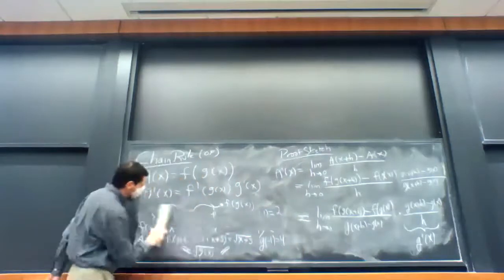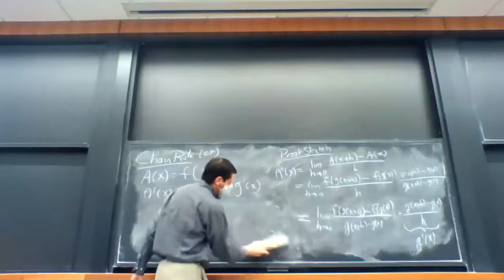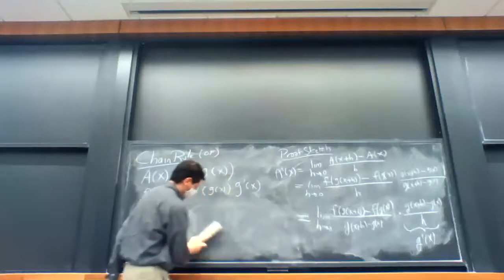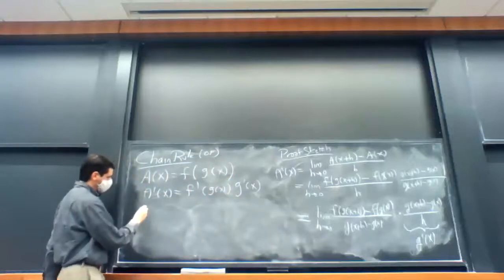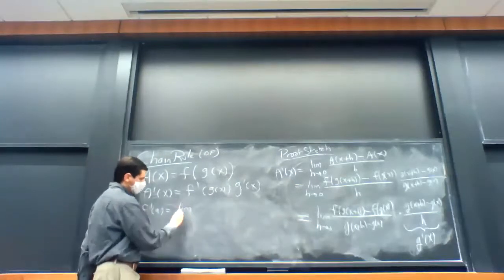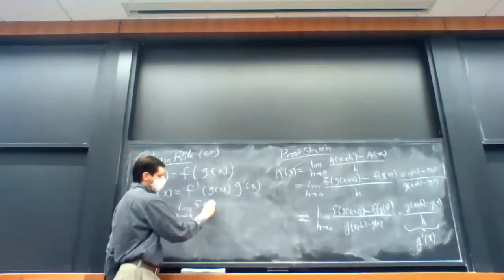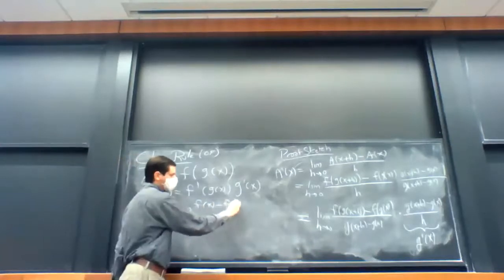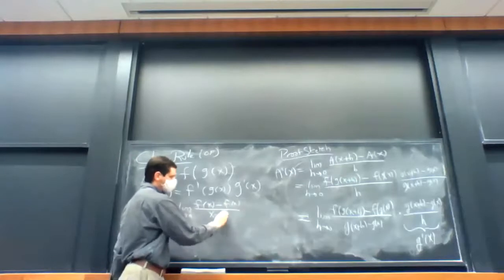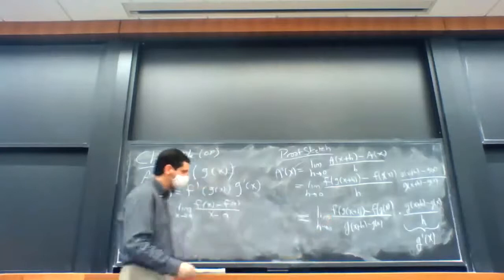So we're going to see so many different definitions of the derivative today. Remember, one of the definitions was: f prime at a is the limit as x goes to a of f of x minus f of a, over x minus a. And if you look at that, that looks the same.